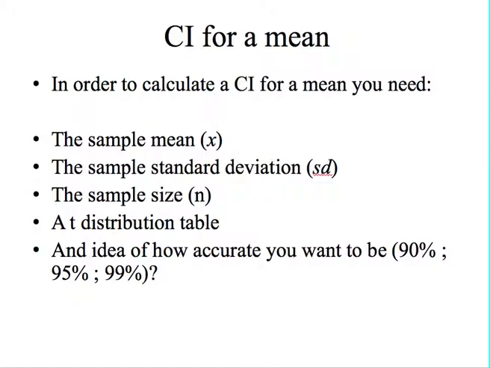And you also need an idea of how accurate you want your confidence interval to be. You want to be 90% sure of where the population parameter lies, or 95% sure, or 99% sure of where the population parameter falls.